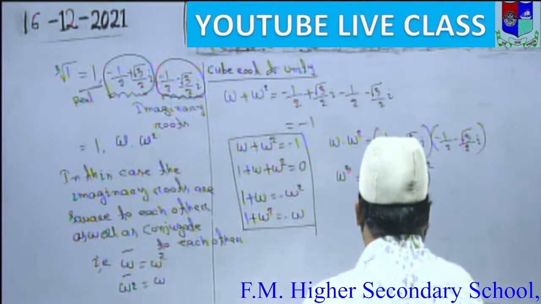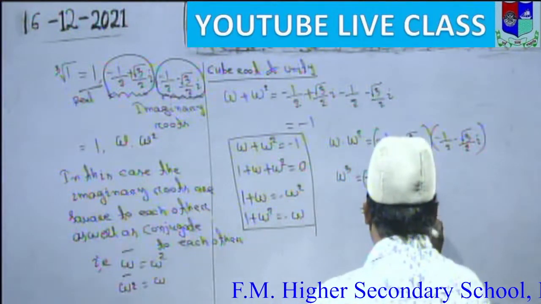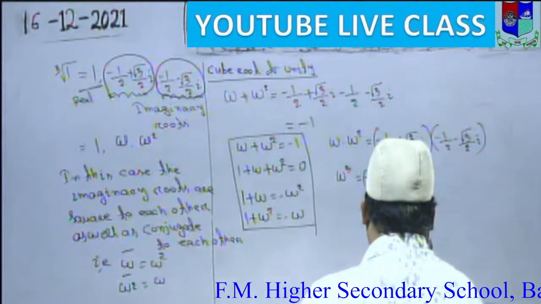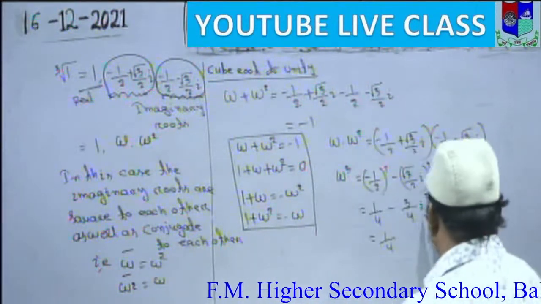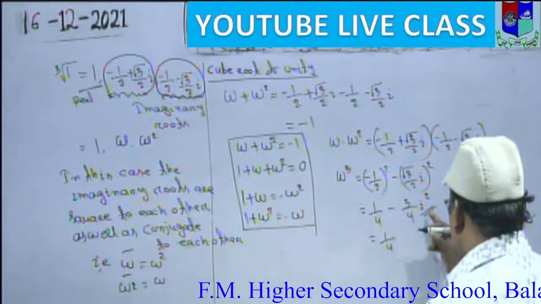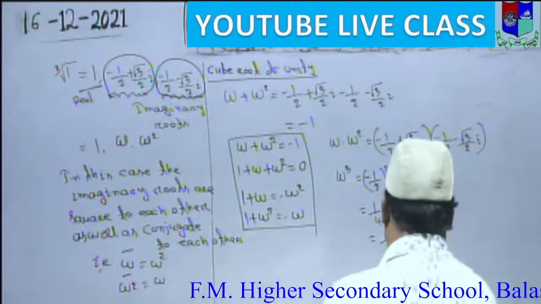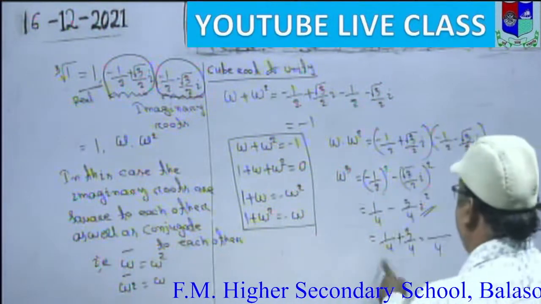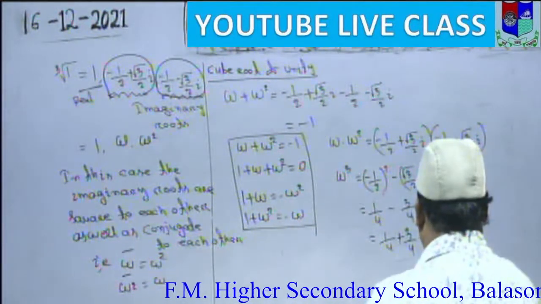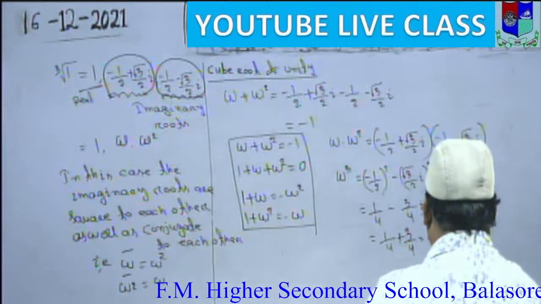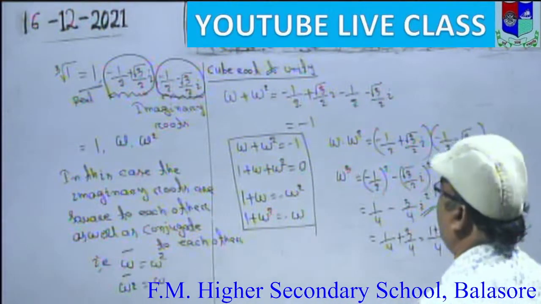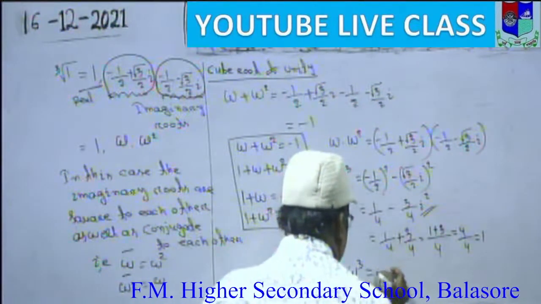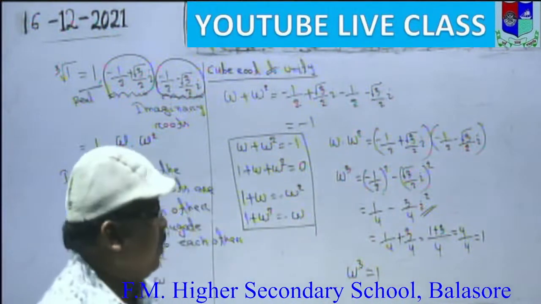That is 1 by 4 minus 3 by 4 i square. The i square value is minus 1, so we write minus, minus, plus 3 by 4. After adding by taking LCM, we find it is 1 plus 3, that is 4 by 4, that is 1. So we find another thing, that is omega cube equal to 1.